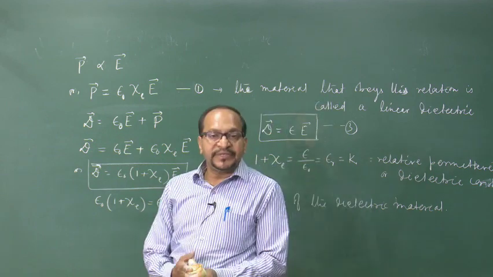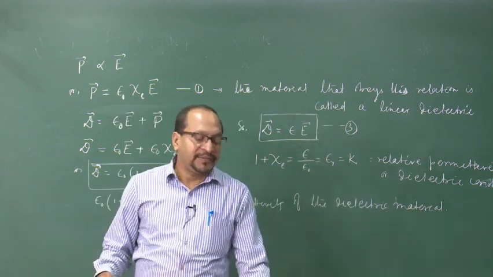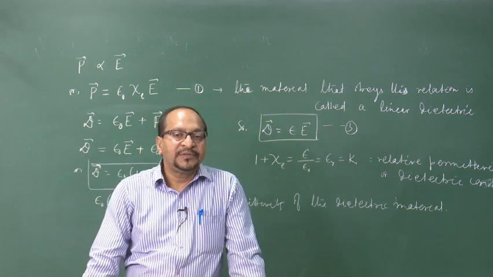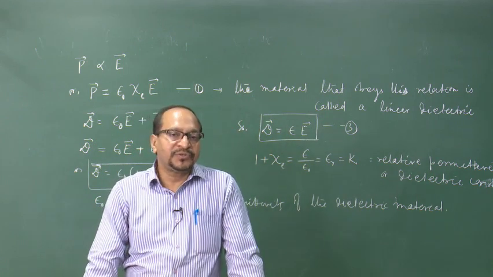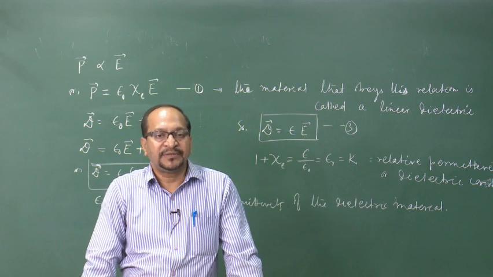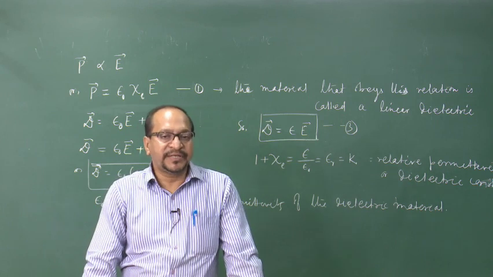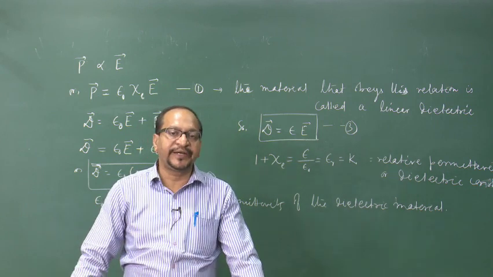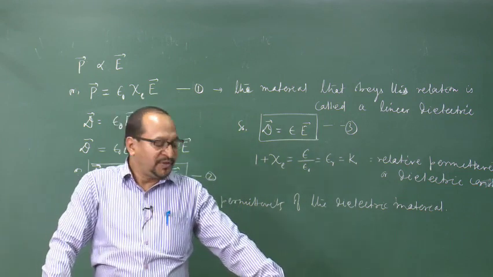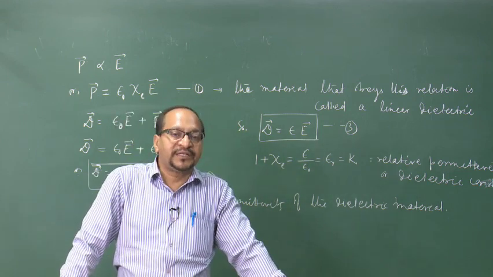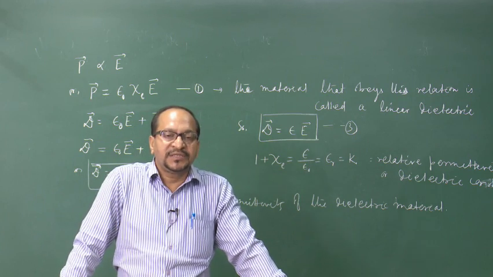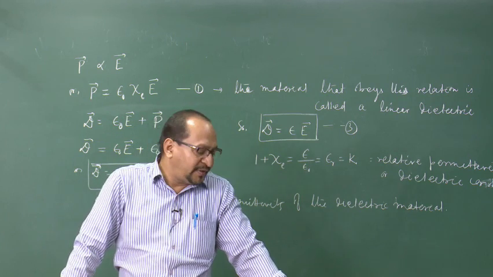Okay. We will see what happens when a dielectric material is introduced between the plates of a capacitor. Earlier we have discussed what a capacitor is. It is a device to store electric charge in a minimum volume, and generally it consists of two conductors separated by an insulating medium.